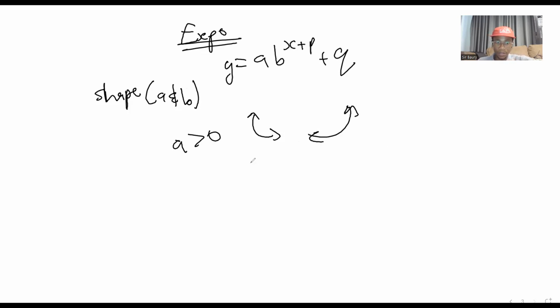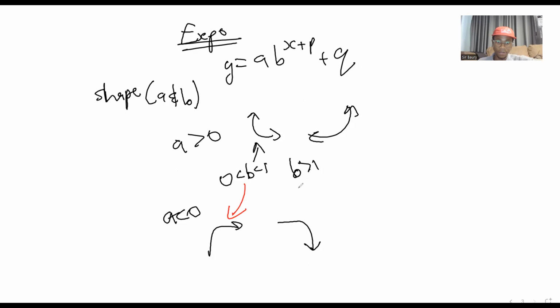The minute b becomes a fraction, that's the shape you have. But if b is greater than 1, this is the shape you have. If a is less than 0, you have two shapes, this one and this one here. If b is a fraction, that's what you have. If b is greater than 1, this is what you have.